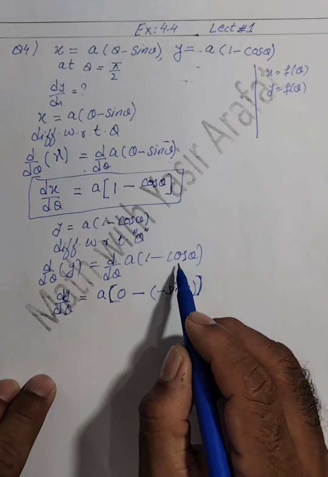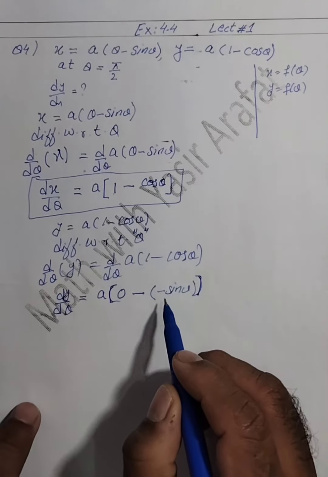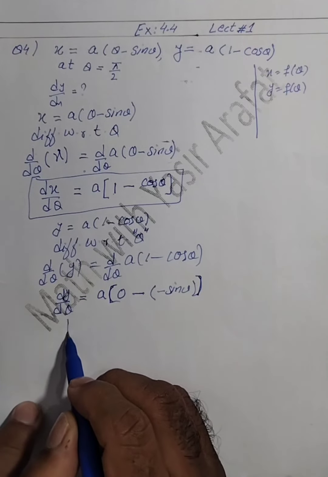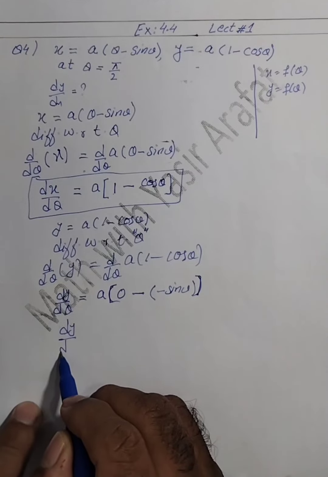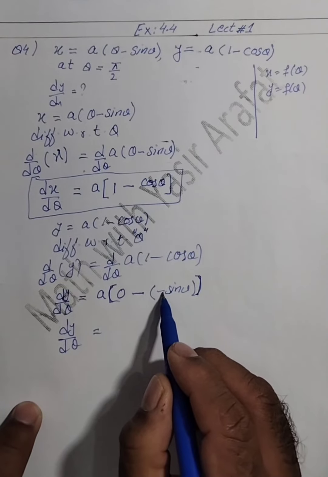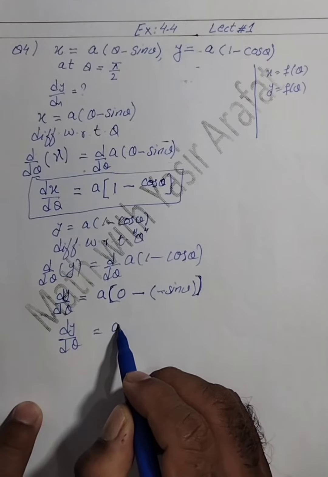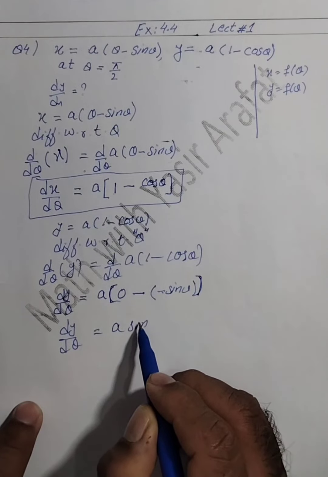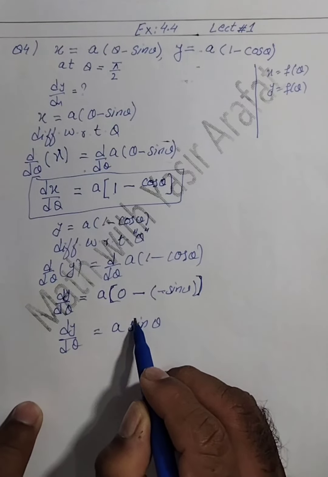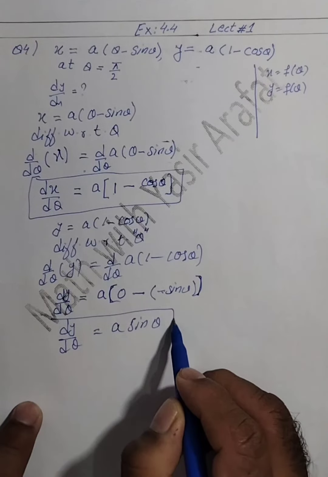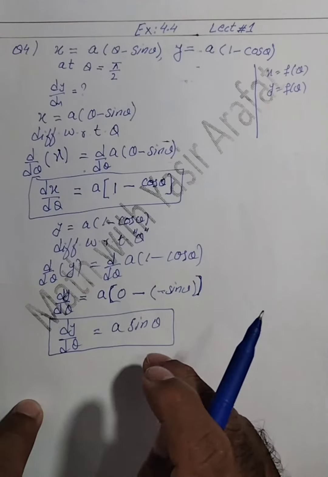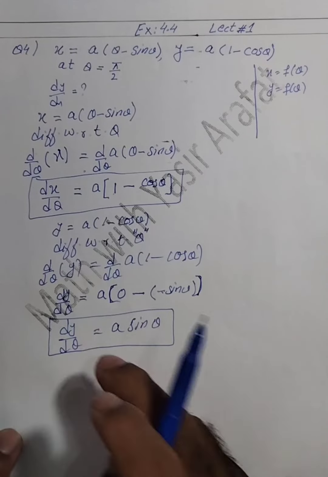We have the formula that the derivative of cos theta is minus sine theta. So this is dy over d theta: minus minus becomes plus, a sine theta. So this is the derivative dy upon d theta.